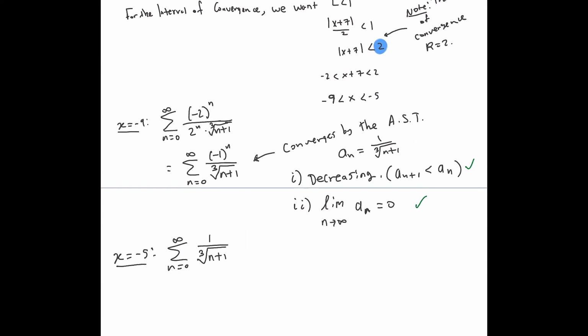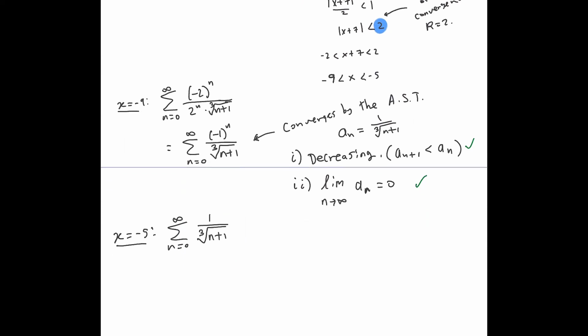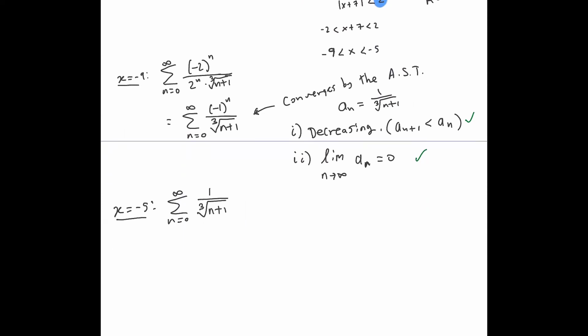I think that's harder to spot, but I'm going to start off like this, right? We have the cube root of n plus 1, and then I'll have n, like this. So the cube root of n plus 1 versus n. I think n is going to be bigger, right?